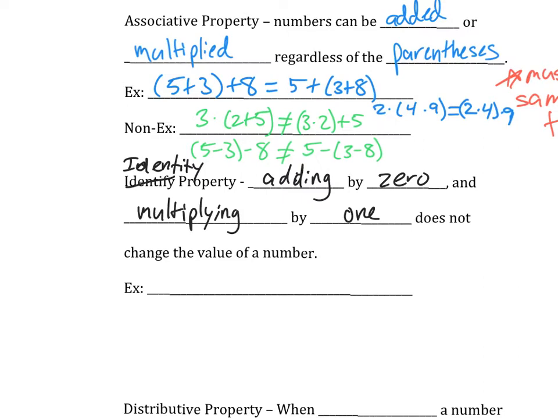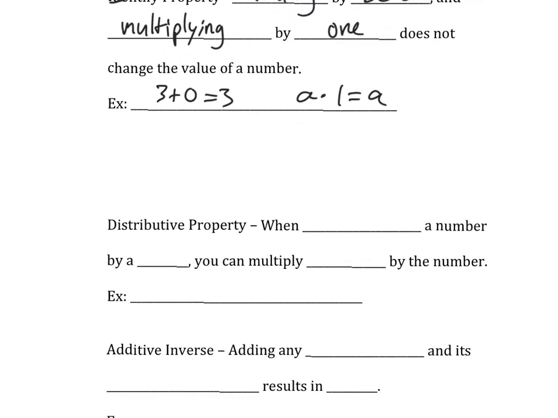So, for example, 3 plus 0 equals 3, and a times 1 equals a. This one you probably see all the time and is very familiar to you, okay? But it's called the identity property. It actually has a name, so that's pretty cool.